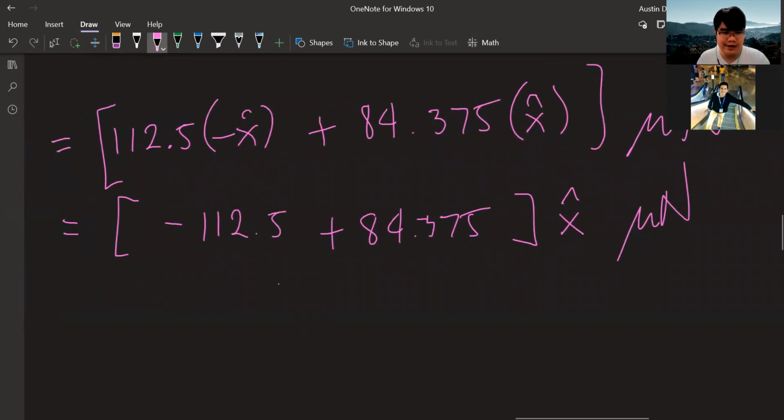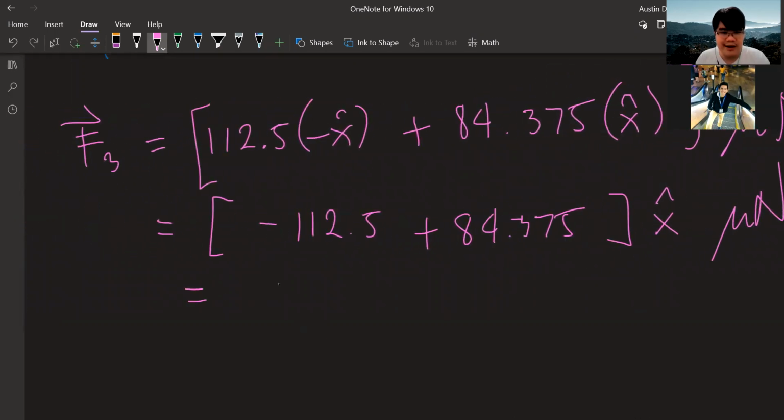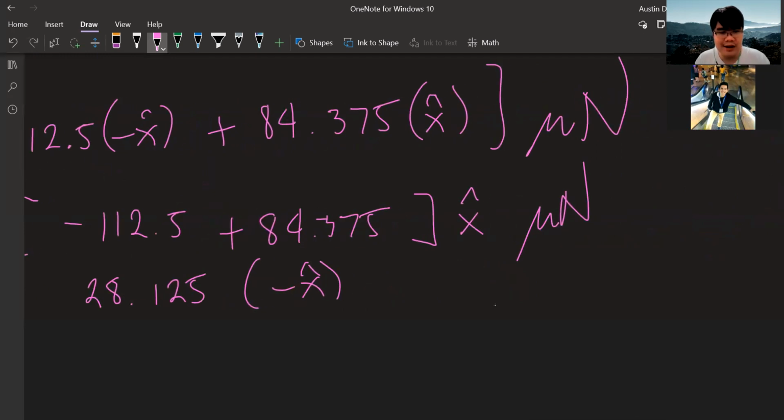Okay, so do the calculations, and this would give you 28.125 negative x hat. Negative, of course, because the negative number is larger. So negative 28.125 x hat, or 28.125 pointing in the negative x hat direction, in micronewtons.